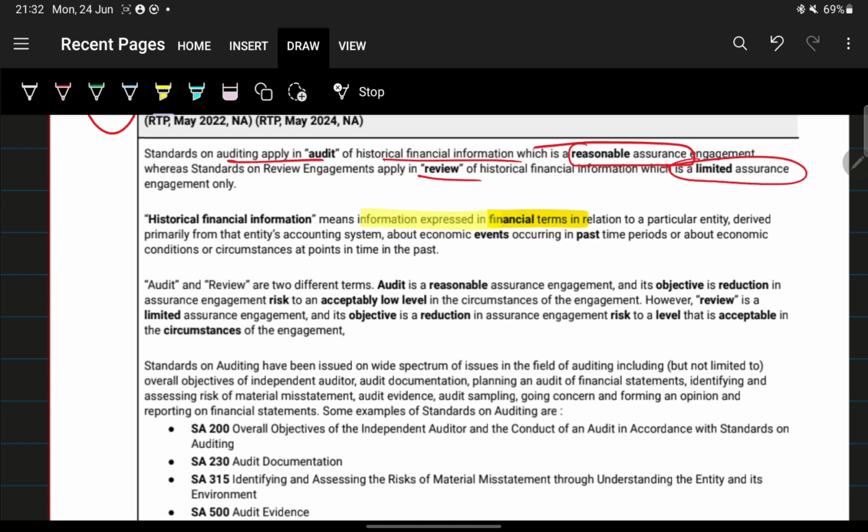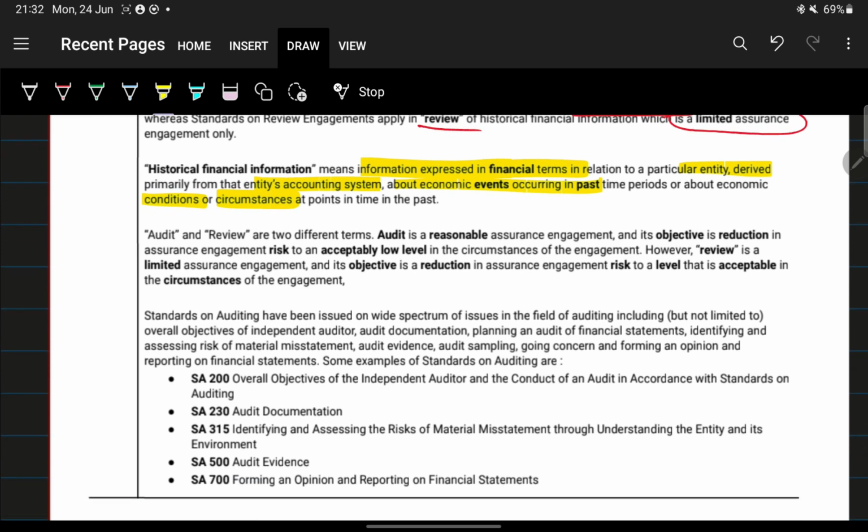Here, historical financial information means information expressed in financial terms in relation to any particular entity, derived from its accounting system, about its economic events and about its economic conditions and circumstances at a point in time in the past. Next, audit and review are different terms. Audit is reasonable assurance, and the objective is to reduce the assurance engagement risk to an acceptably low level.